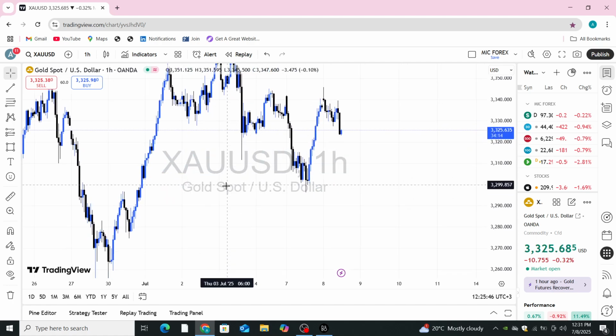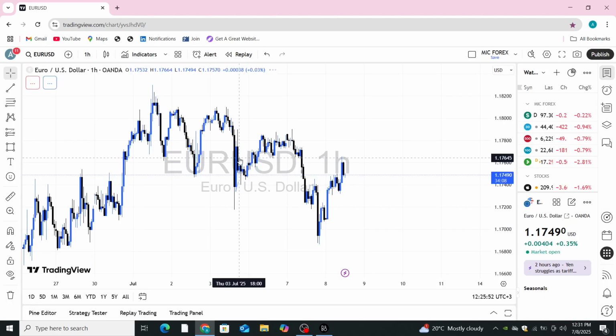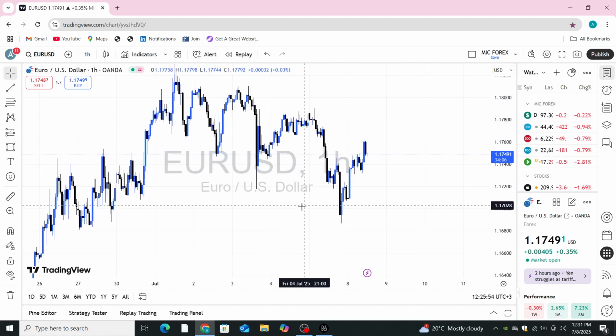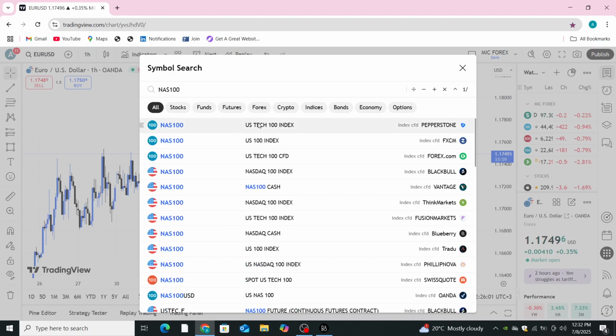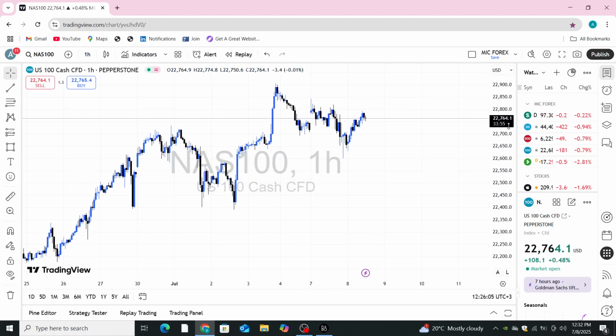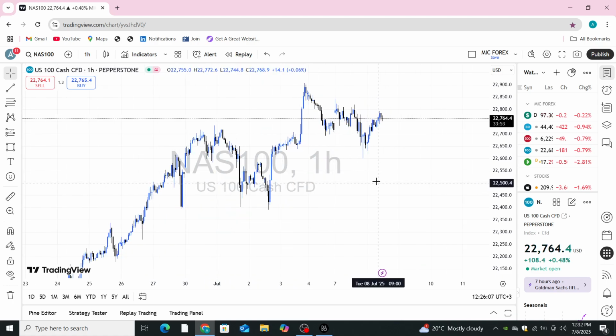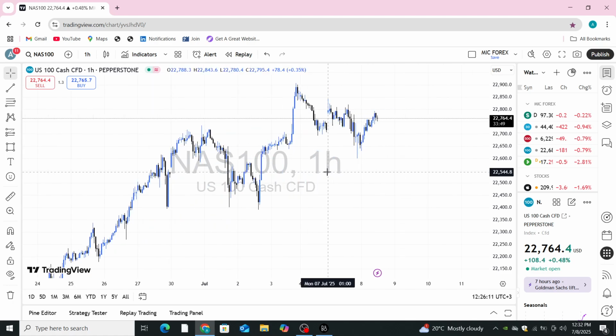If you want to choose maybe EURUSD, you can just type EURUSD like that, then you click on it and it comes up. If you want to choose something like Nasdaq, NAS100, you can choose that too. So the most important thing is for you to know how to choose the pair that you want to trade.